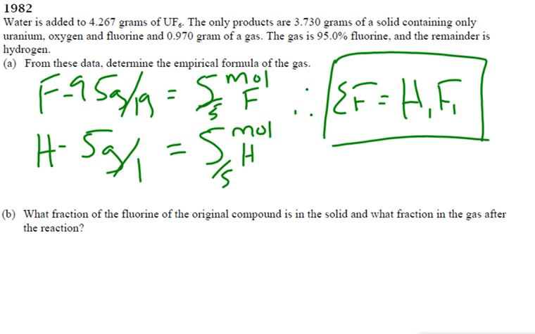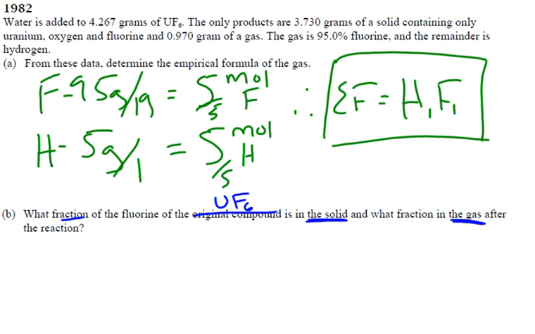Next, we're asked to find what fraction of fluorine of the original compound. So what's the original compound they're talking about? The original compound, where the only place fluorine could have come from, was that UF6. It is in the solid, we want to know about the solid, and in the gas. So we're going to have 2 answers for this one. And what fraction? So this is going to be some part per whole.